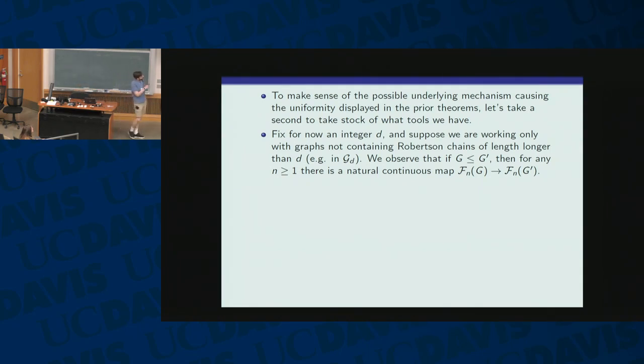Well, notice that if G is a topological minor of G prime, then for any n, there is a natural continuous map from configuration space on n endpoints of G to configuration space of n endpoints of G prime. As I said, the whole point of the topological minor relationship is essentially that G, thought of as a topological space, embeds into G prime. So there's just going to be a natural kind of continuous map here.